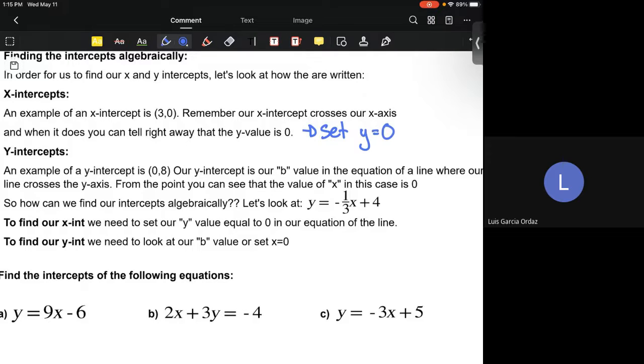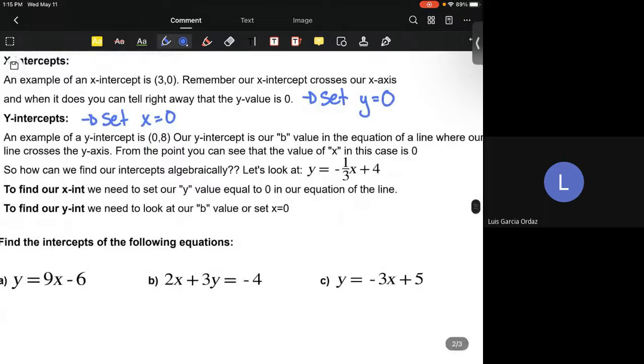And when we want to find our Y-intercepts, we have to set X equal to 0. So basically, all you're doing is wherever you see X, you're going to plug in the number 0. So in this case, before we do the examples, we're going to look at something such as Y is equal to -1 over 3X plus 4.